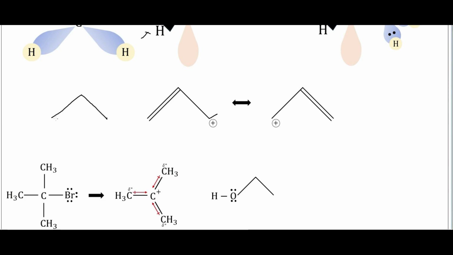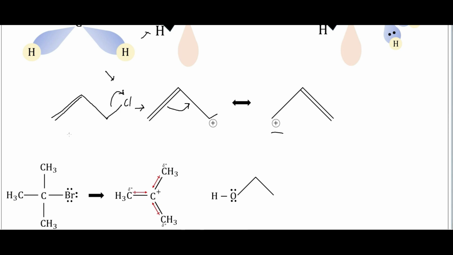We have this right here, this vinyl group. We have a chlorine bound to it. The electrons go up to there, and so we end up making this. And so now we have this right here, and we can have the electrons move over there, and then we end up with the positive charge on this other carbon here. And so that can help stabilize it and make this reaction more likely to happen.